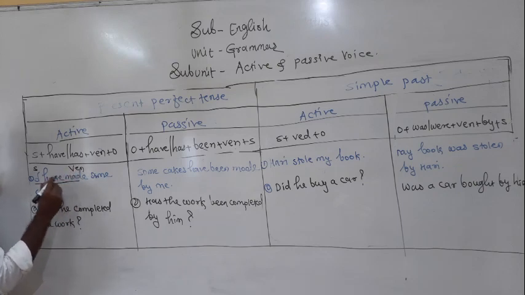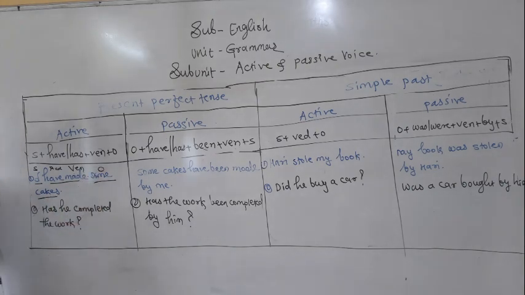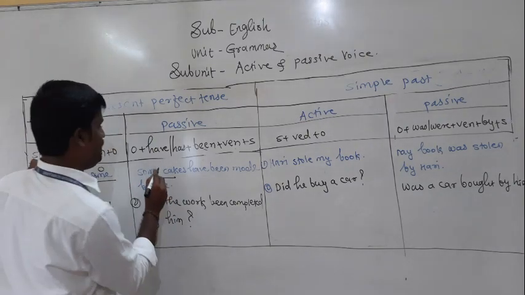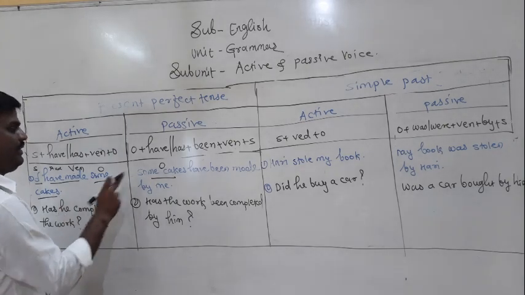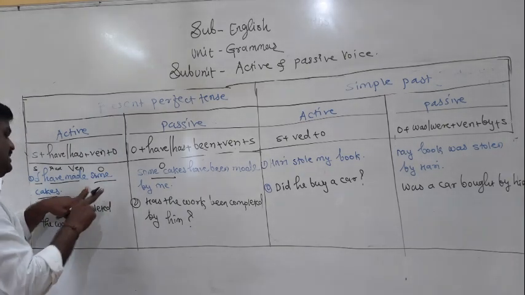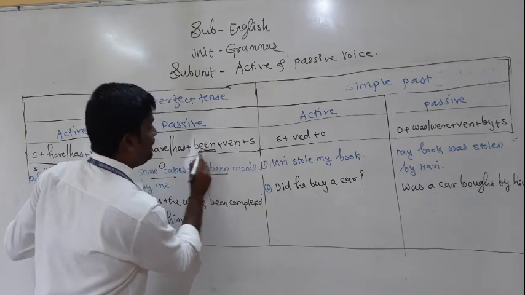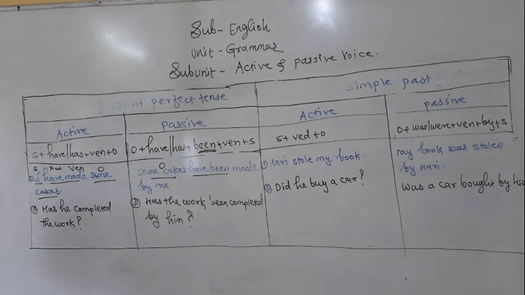Some cakes is an object. While converting into passive voice, the subject becomes the object and the object becomes the subject. As per this rule, to some cakes we have to add been made by. I is converted into me.